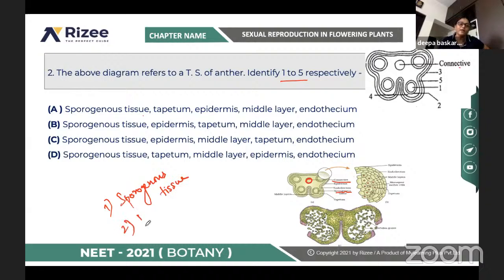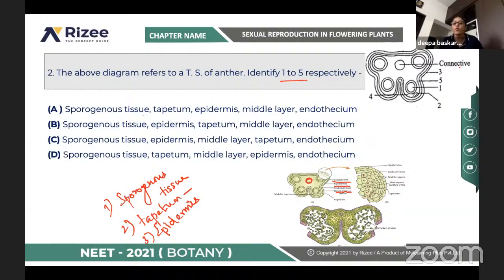Just now I explained the role of tapetum, which gives nourishment. Number 3 is the epidermis, the outermost layer.